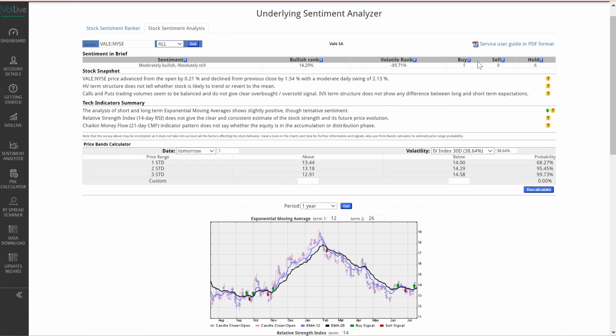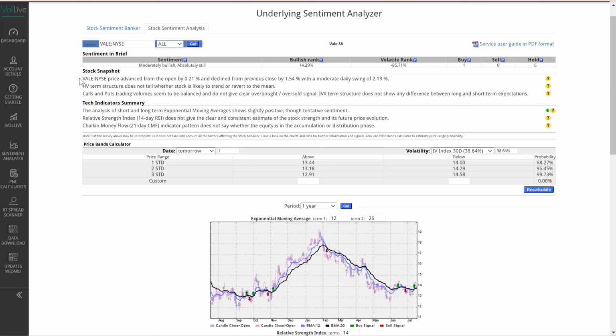As we go to the right, we have one buy signal, 0 sell signals, and 6 holds. So really, this is confirming everything we just saw in that chart, which is price and implied volatility have kissed. And now Vale is going to break either higher or lower, but right now it's stuck in neutral.